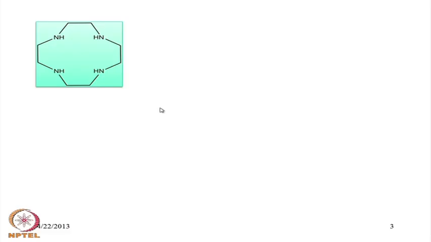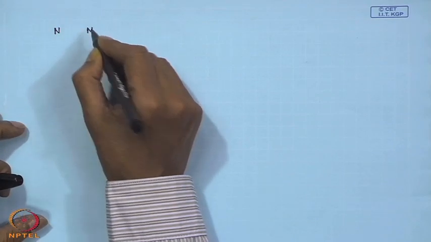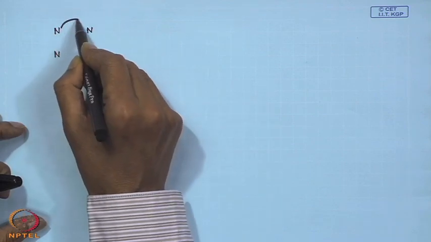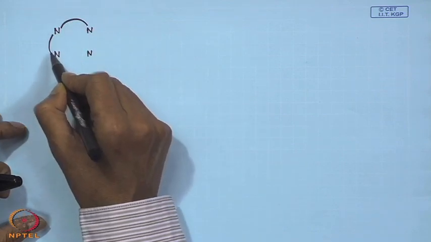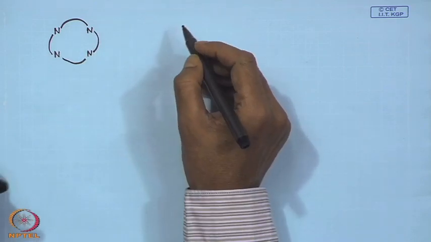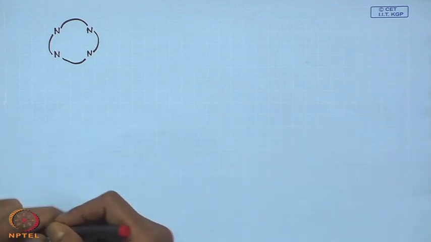Then we can go for a typical macrocyclic ligand, where we can have 4 donor atoms, and if they are nitrogen bearing, as we have defined earlier, these nitrogens can be connected very easily, and when we connect we get a complete cyclic geometry.